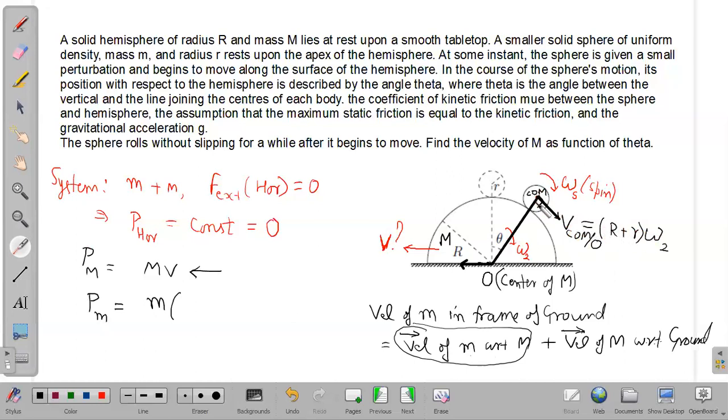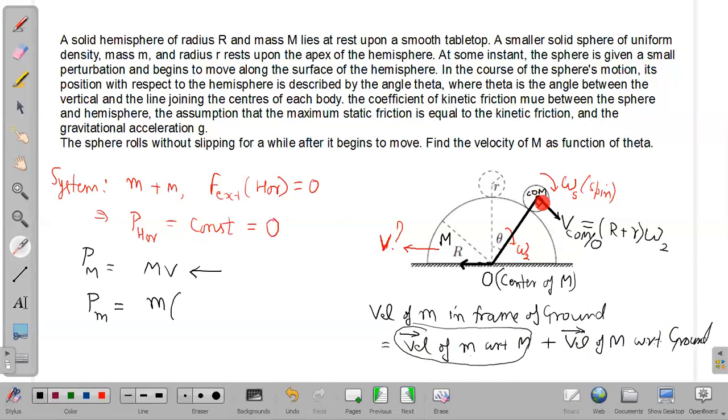And I need to find its horizontal component, because linear momentum is conserved in the horizontal direction only. It is not conserved in the vertical direction. So first of all, I will find the horizontal component of this velocity, and that horizontal component will be used at this place. And then I will add the velocity of capital M with respect to the ground.